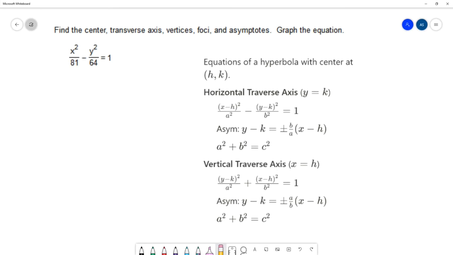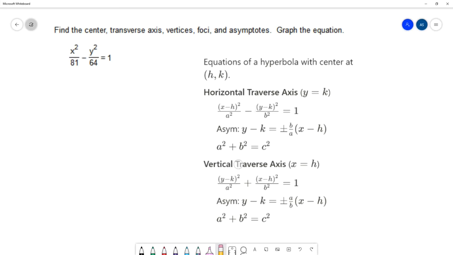And the way that you can tell whether it's going to be horizontal or vertical is by paying attention to which term, which variable, I guess, is positive and which one is negative. So you'll notice here in the horizontal orientation that your x term is positive and your y term is negative.